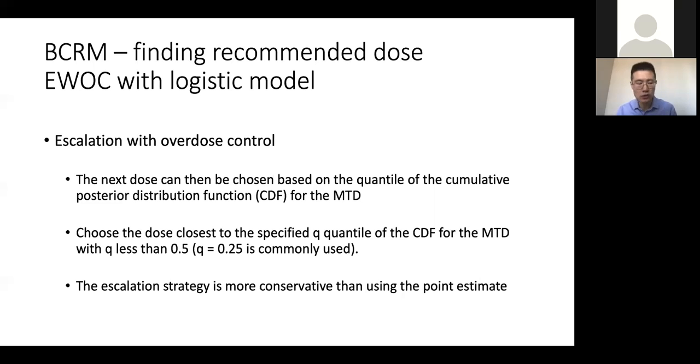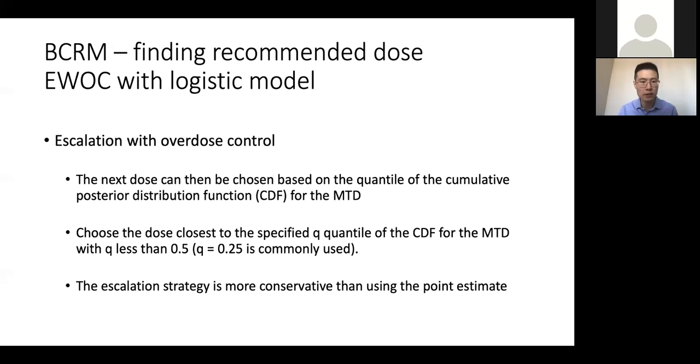Usually, we can choose a quantile less than 0.5. A quantile of 0.25 is most commonly used. That means that we recommend the MTD with more restrictive criteria. Then this escalation strategy is more conservative than using the point estimate, for example, the posterior mean.